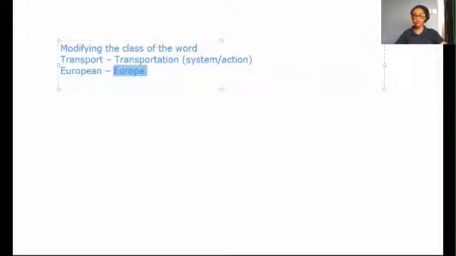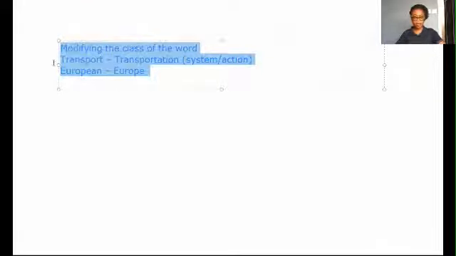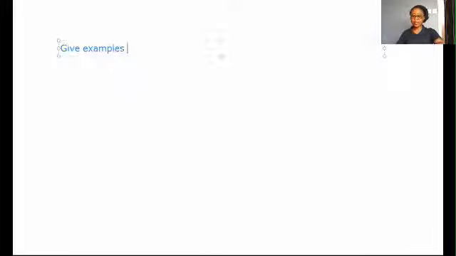Then the fourth option that you have is to give examples. You can give examples as a way of paraphrasing. So you look at a keyword or some keywords that you have, and you don't want to replace them with synonyms.